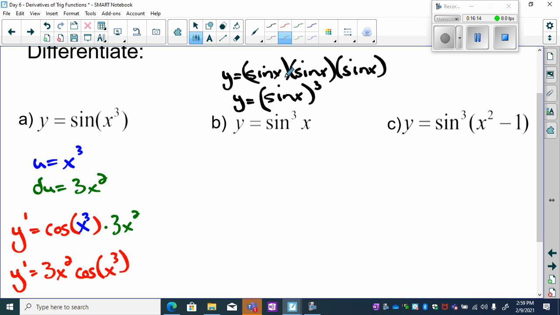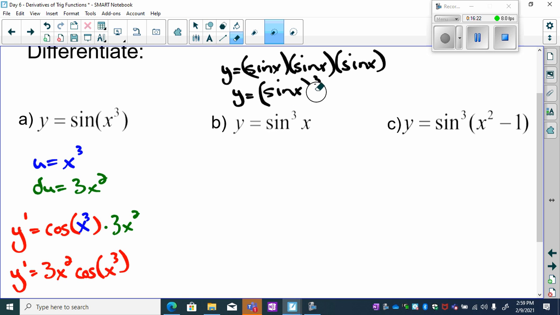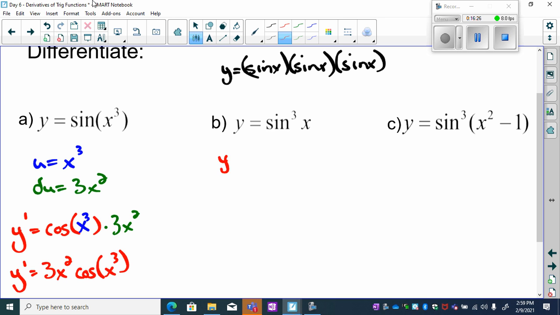In order to do this, I would have to use a chain rule. Okay, so I'm just going to drag this part down here. Y equals, not the derivative, y equals sine x cubed.